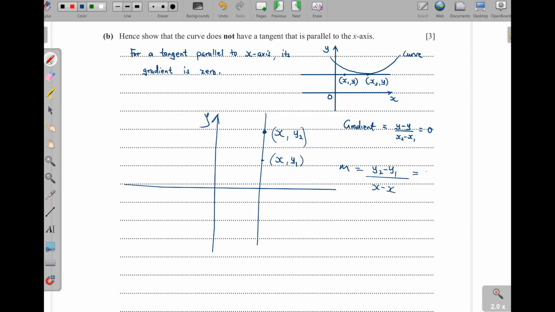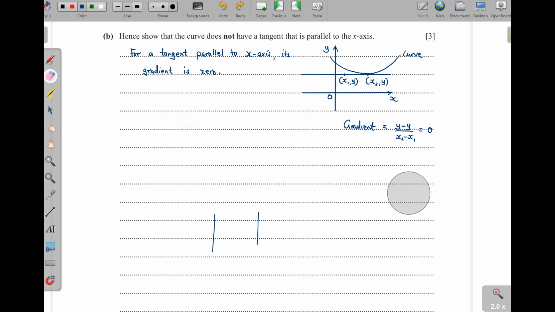So you are getting the change in y over 0. So the denominator is 0. A line that is parallel to the y-axis has its gradient undefined because of this 0. So you get your dy dx, you get the denominator, then you equate it to 0, and then you proceed. Is that clear?